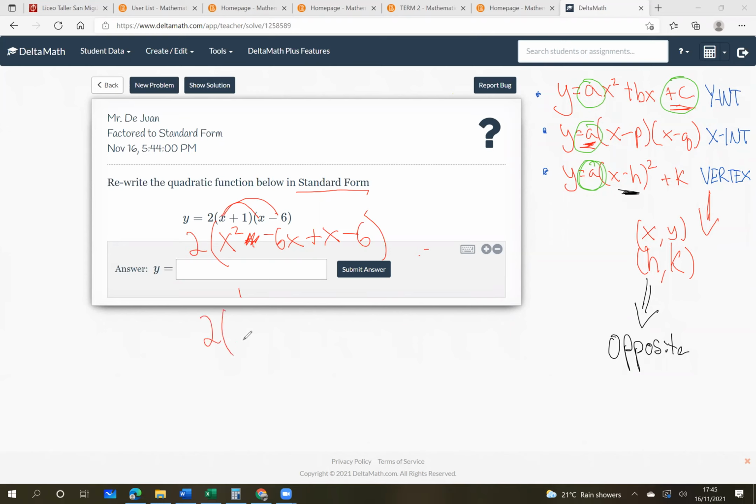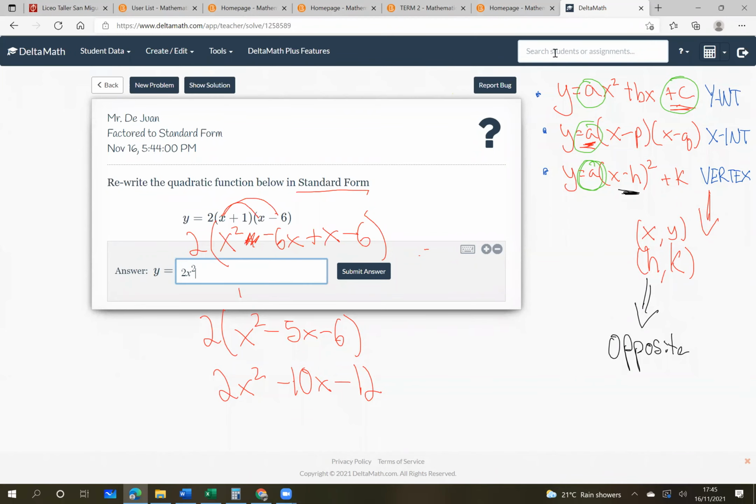So we're multiplying 2 by x squared minus 5x minus 6. What do we have? 2x squared minus 10x minus 12. Yeah, let's type that in. 2x squared minus 10x minus 12.